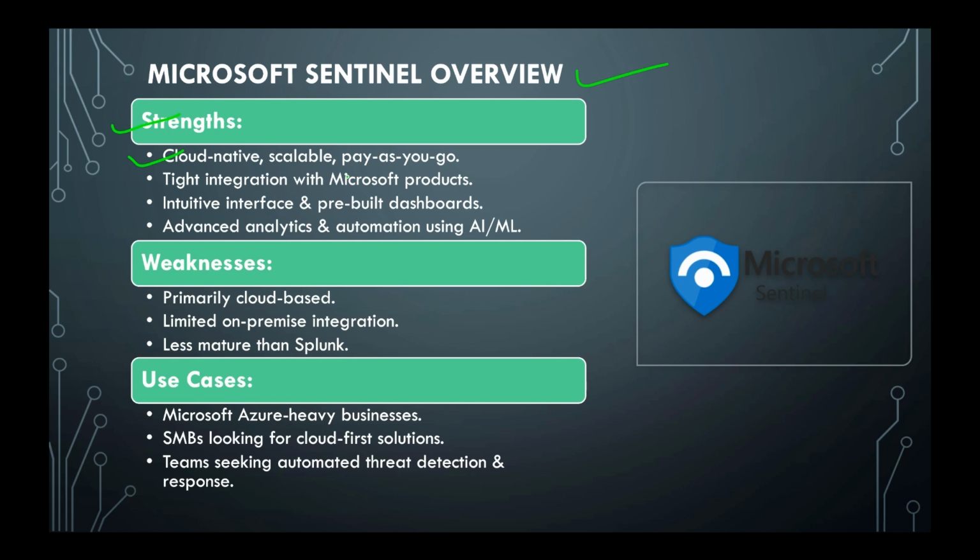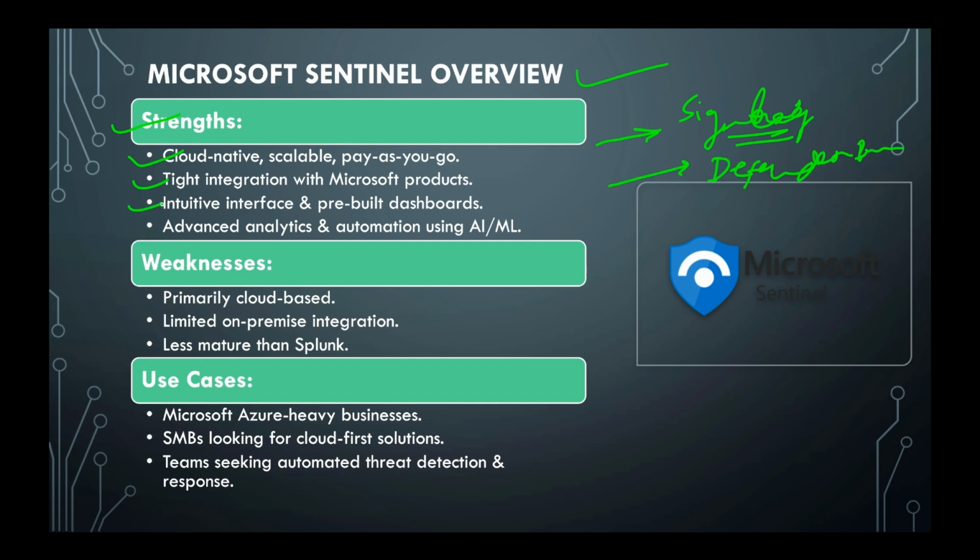Tight integration with Microsoft products. So if your organization uses Microsoft products like Office 365, Windows Defender, or Azure AD, Sentinel offers out of the box integration, making deployment easier. Some log ingestion is free, like sign in logs, and Defender incidents are also free.